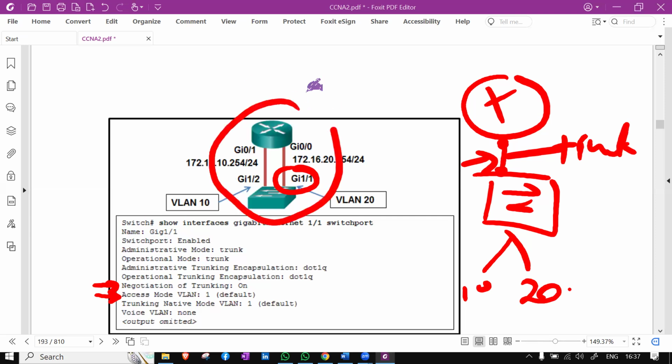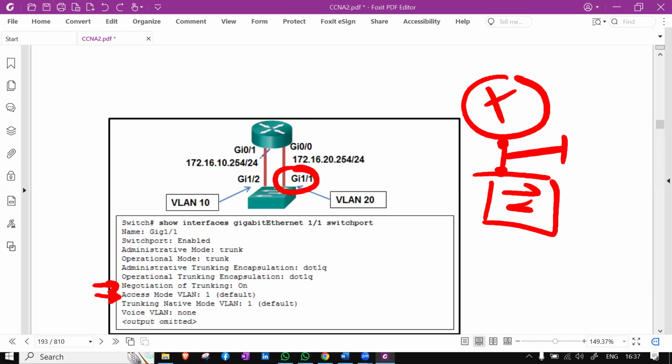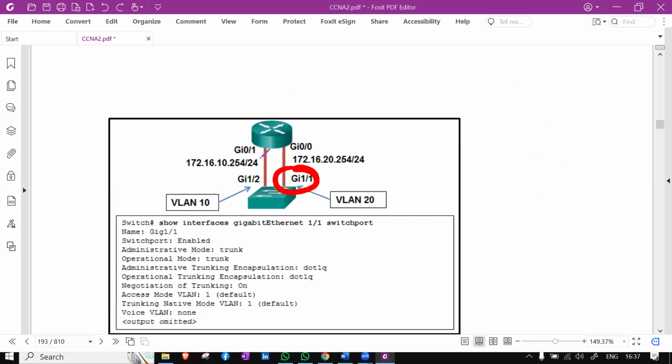But is it the same here? How many VLANs does this link carry? One. This link carries VLAN 10 only. That link carries VLAN 20 only. Meaning if I send traffic from VLAN 10 to 20, the traffic goes to the router, then the router forwards it to the other interface. Is it making sense?